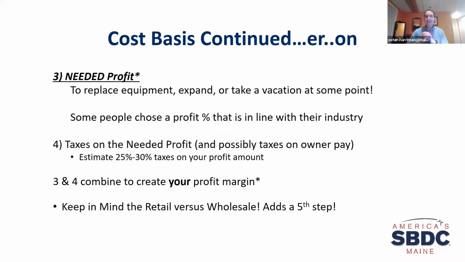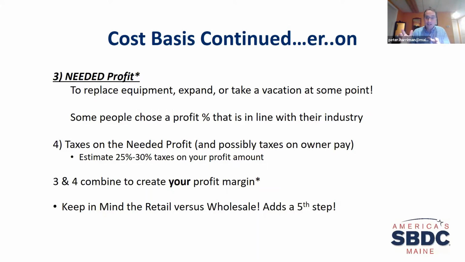Number 4, taxes on the needed profit. Anything above and beyond, you're going to pay taxes on, right? And your taxes can be 25 to 30% of your profit, right? Remember, your sales revenue minus your expenses is your profit, and that profit is what you're being taxed on. I advise people, 25% is a serious chunk of change.